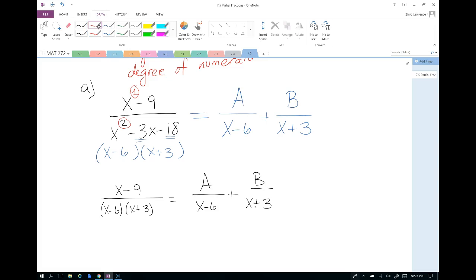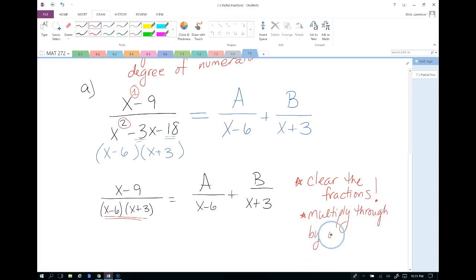The very first thing that we are going to do in order to solve for the A and the B is clear the fractions. We clear the fractions by multiplying through by the factored form of that original denominator. I'm going to do the factored form just because it's going to be easier to see how things cancel.